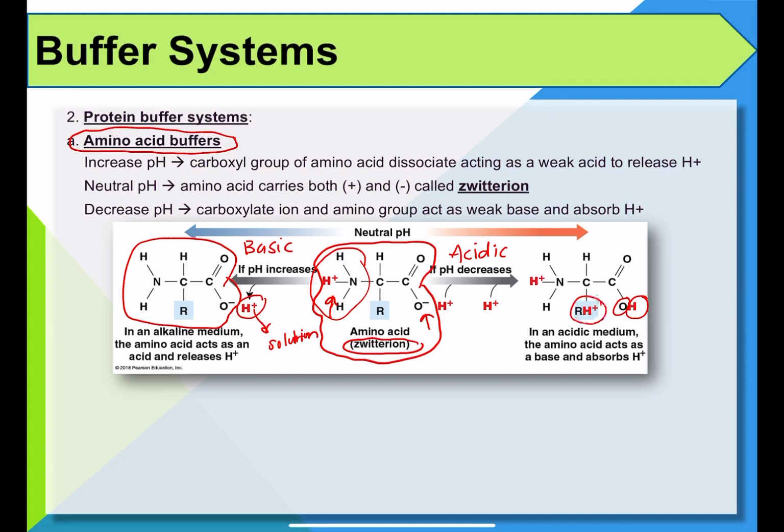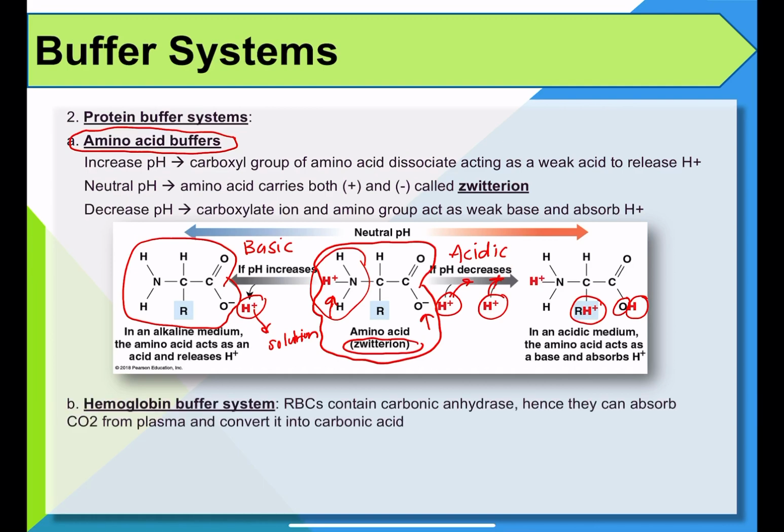So you are removing hydrogen ions from the solution into the amino acid to neutralize the pH back. Okay, so this is how amino acid can go either way, okay, as a buffer, depending if the solution gets too acidic or too basic. If it's too basic, it's going to act as a weak acid. If it's too acidic, it's going to act as a conjugate base.